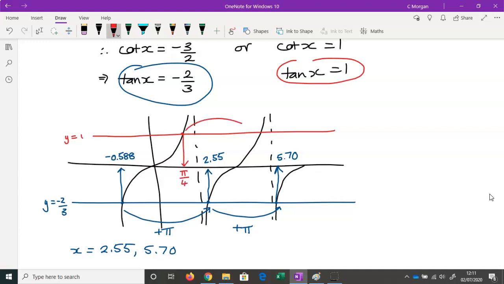And if I add another pi radians, that takes me to 5 pi over 4. If I turn those into decimals, pi over 4 is 0.785 and 5 pi over 4 is 3.93. So you can write those in order if you want to, but it doesn't really matter.